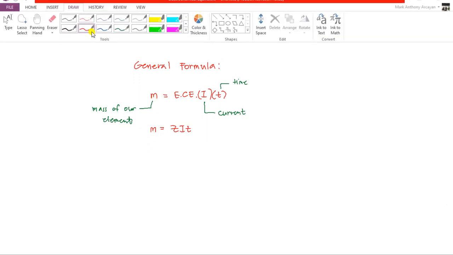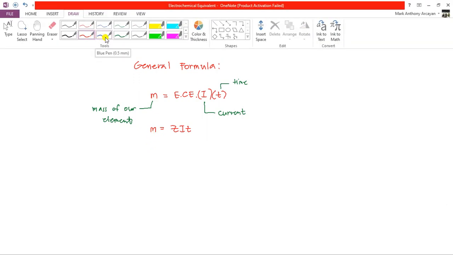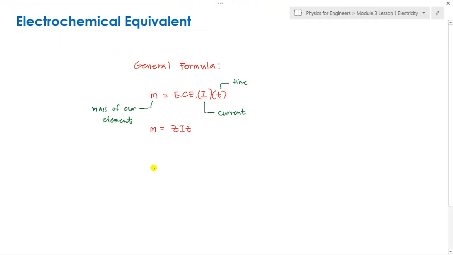Let's do the unit analysis. Mass is in kilogram, current is in ampere, and time is in seconds. Kilogram equals ampere, which is charge per second, or coulomb per second, multiplied by second, so only coulomb is left.